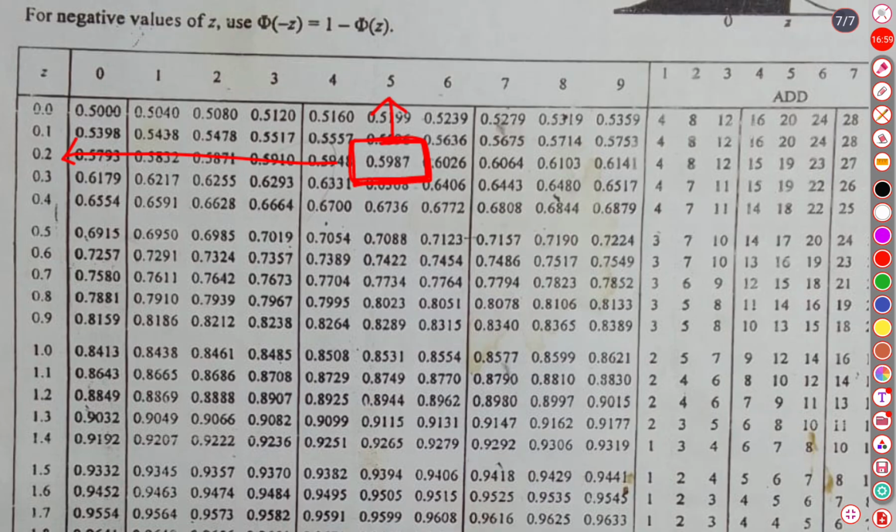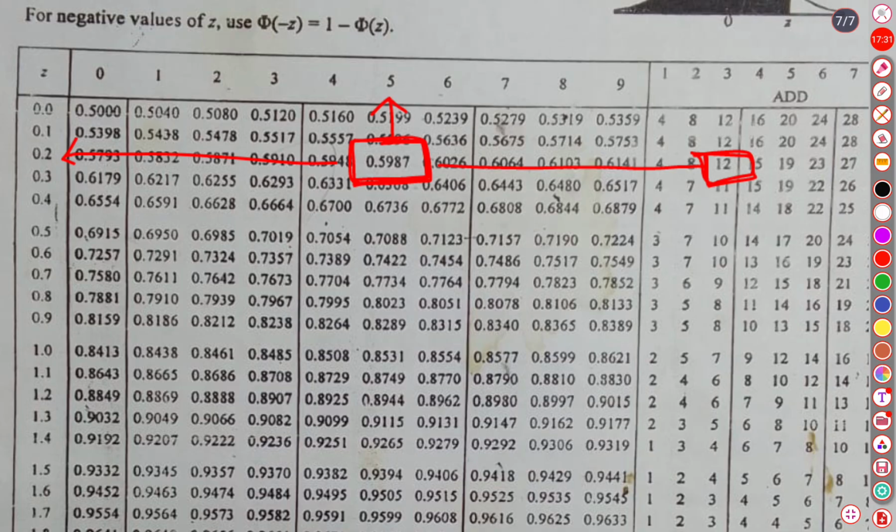Our required probability is 0.6, or 600, whatever. So for this we have to add something so that we get closer. We can add this 12: 87 plus 12 is 99, so 5.999, which is the closest of all values to 0.6 as probability.